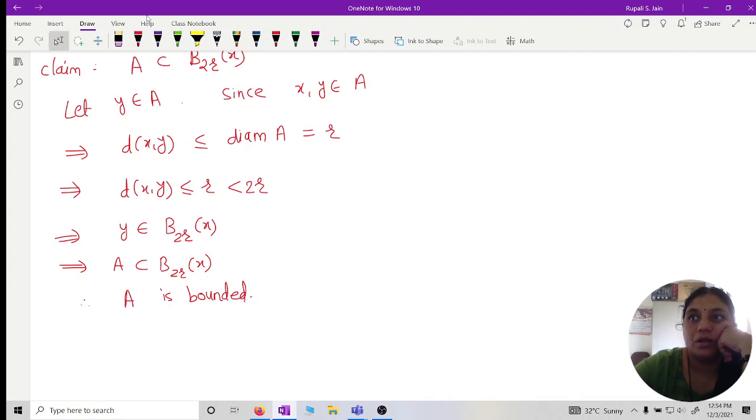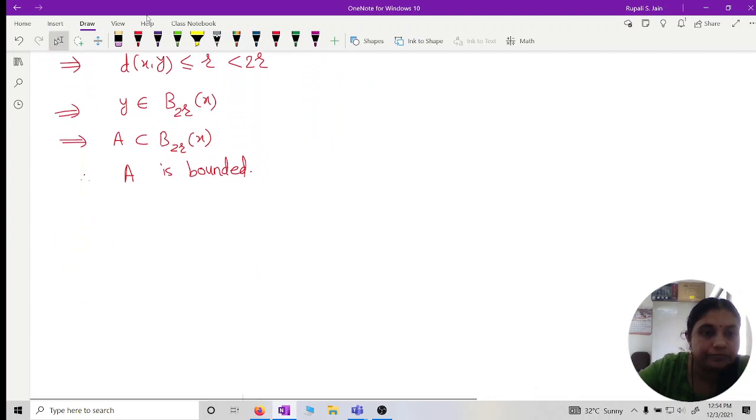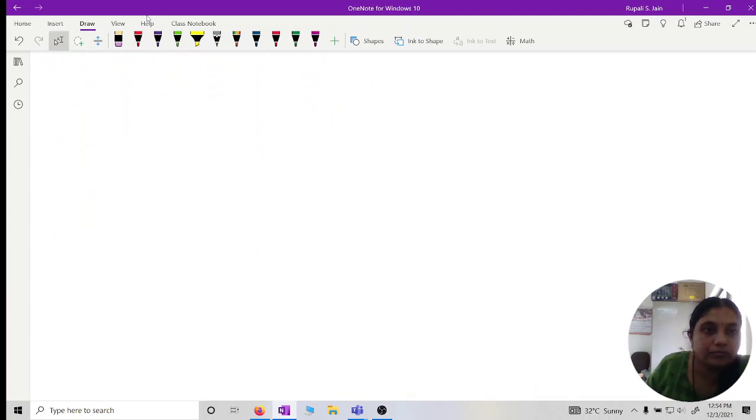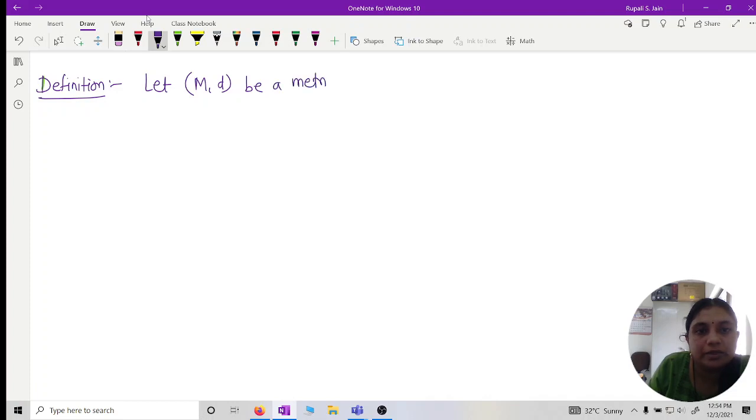Now, we have already defined convergence in the real line. So now we will define convergence in a metric space. Let (M, d) be a metric space.